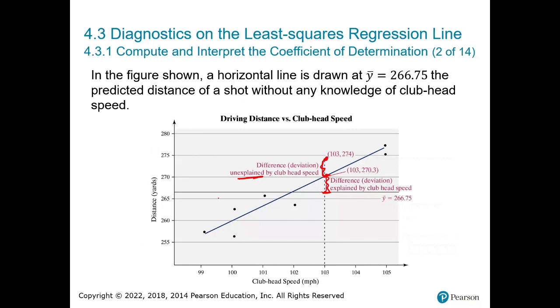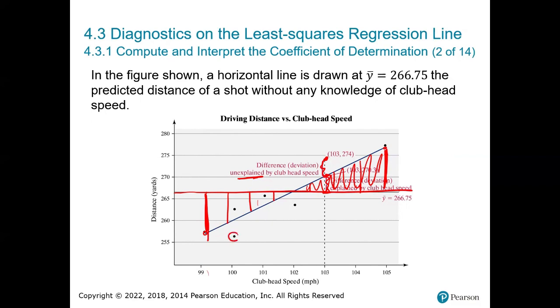Again, here is our average value. And as I go here, these distances are the same all the way across here. I am expecting this to be about as far as this is. Those deviations here between what the average is and what our line says are explained by the fact that slower should go less.